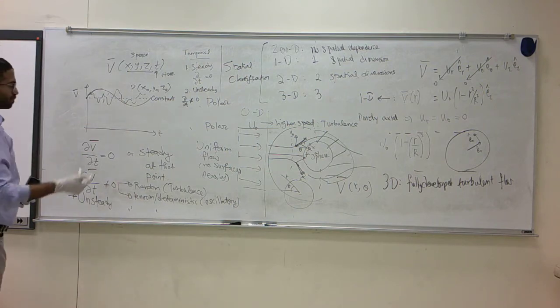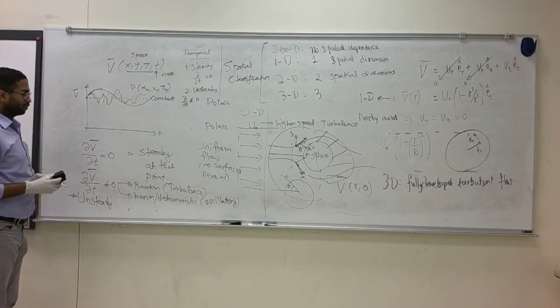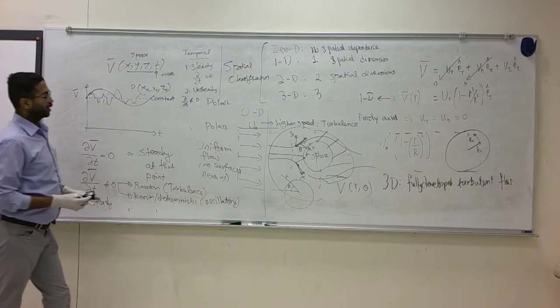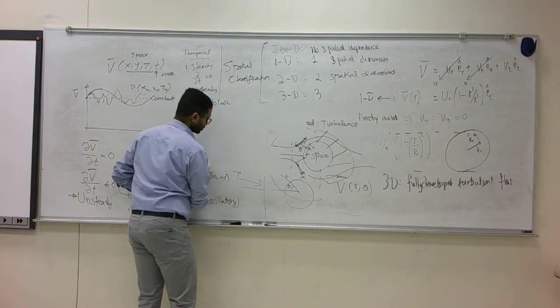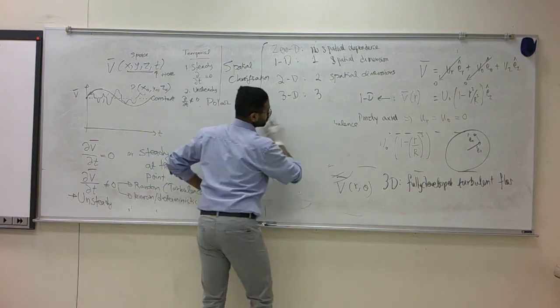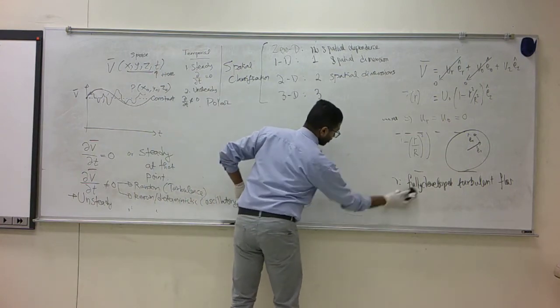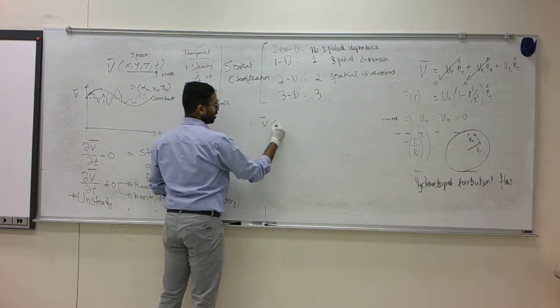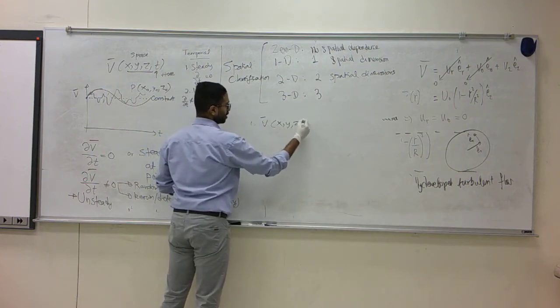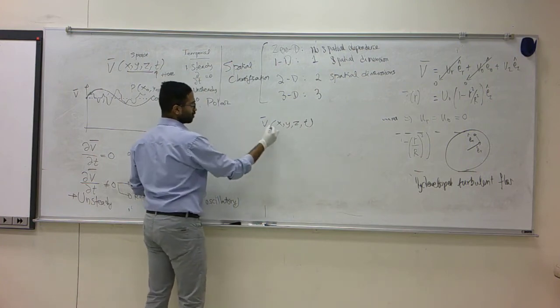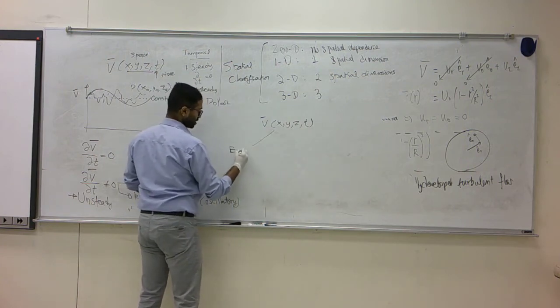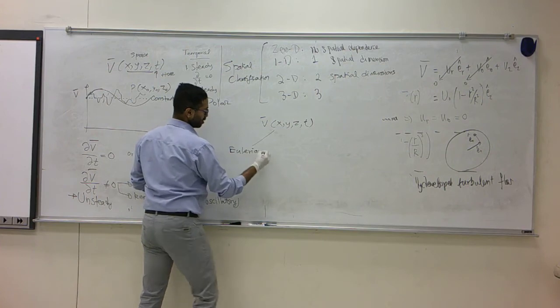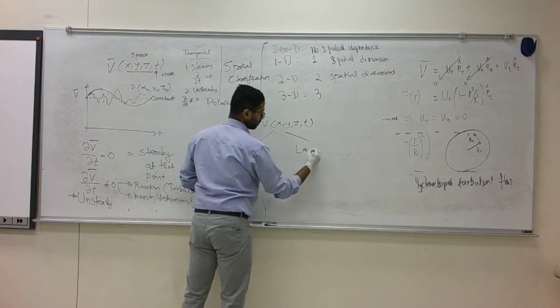So that wraps up our classification of fluid flow. We'll just summarize here quickly. You start with your velocity field, okay, V of x, y, z, t. Okay, this velocity field can be expressed as Eulerian versus Lagrangian.